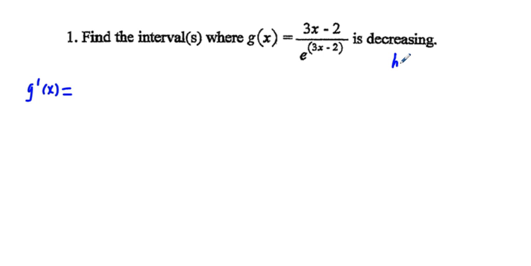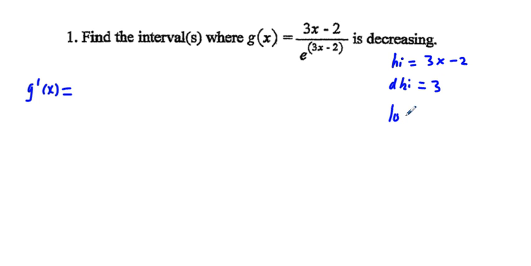So the high function is 3x minus 2. The derivative of the high, which we call d high, is 3.